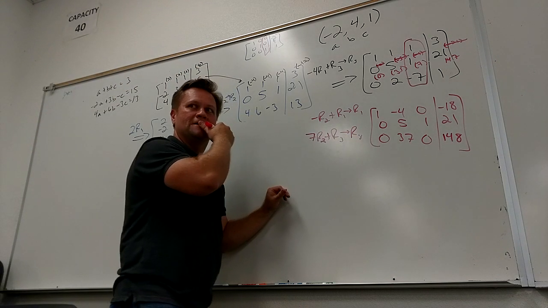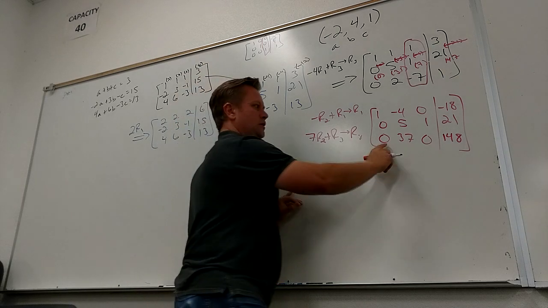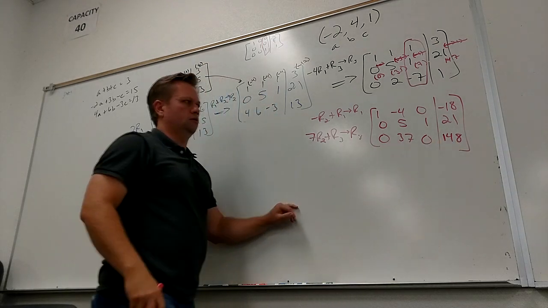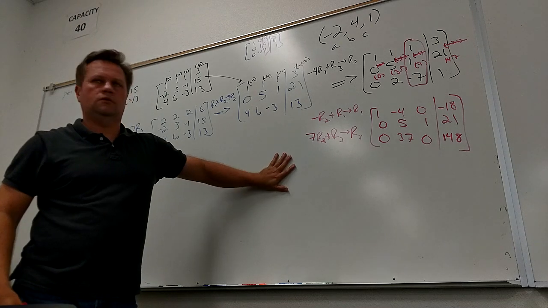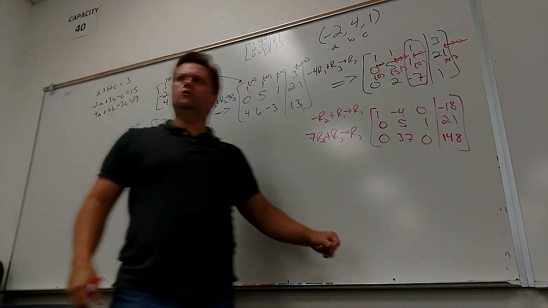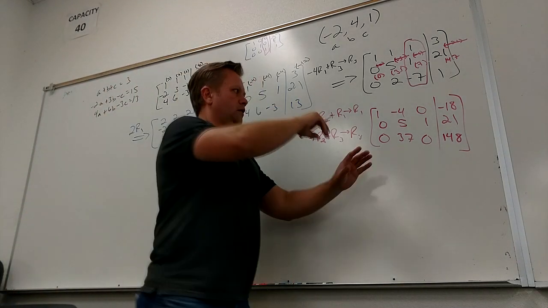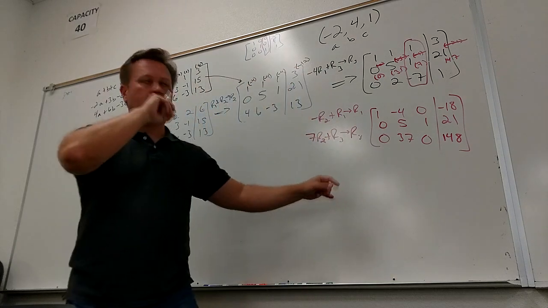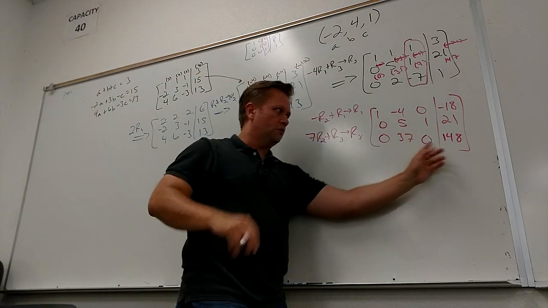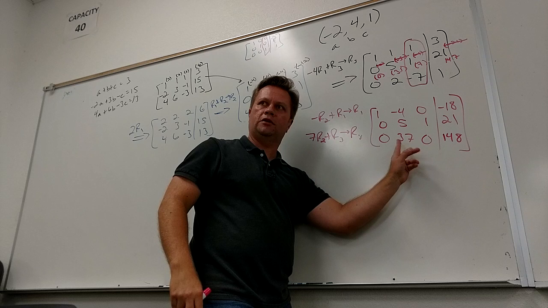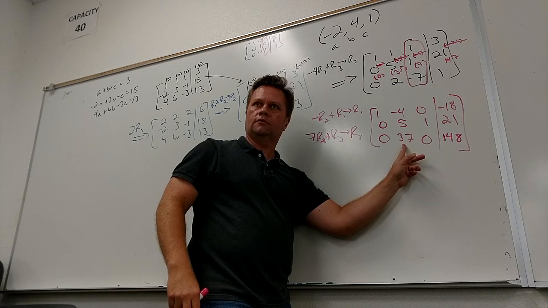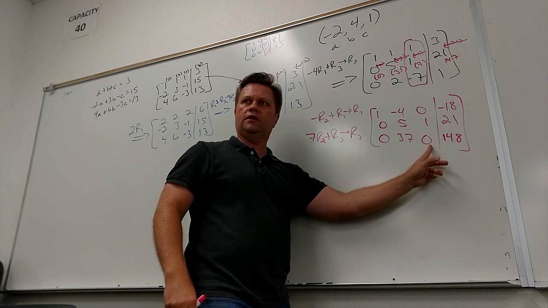All right. So what's interesting about this row here? Okay, let's do this first. Well, look, what can I do to make there a 1 here? How would I make a 1 here? Divide by 37. See how I killed the other two things?